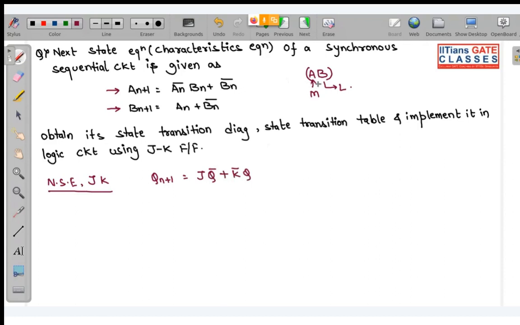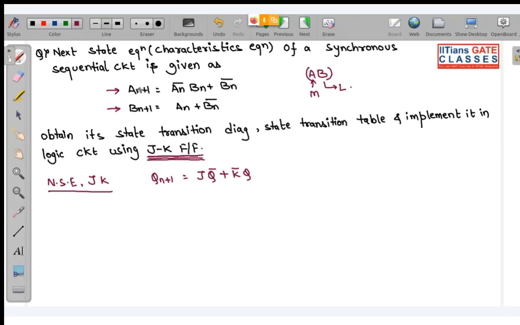Similarly, for this flip-flop A, the question says to obtain its state transition diagram, state transition table, and implement it in logic circuit using JK flip-flop. So it is given that you need to implement it in JK flip-flop, that is why I am taking JK flip-flop.